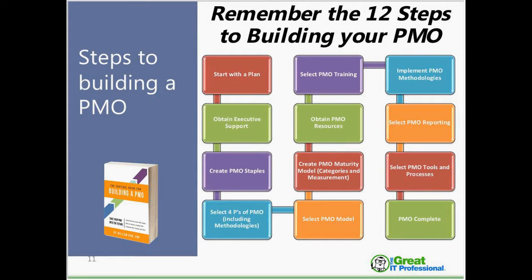Obtain your resources. Select your PMO training. Implement those methodologies. Select your PMO reporting, select your tools and processes, and then finally your PMO is complete, and then you implement that. That came directly out of my book, The Tactical Guide for Building a PMO, and we went very deep into each of those 12 steps.